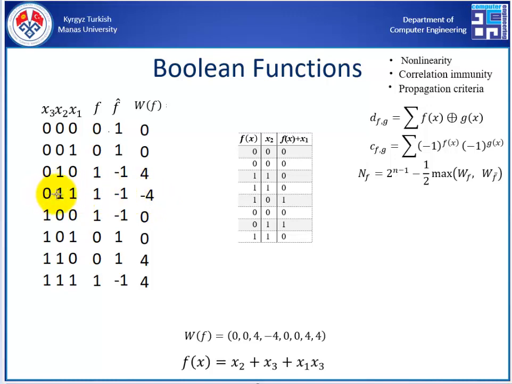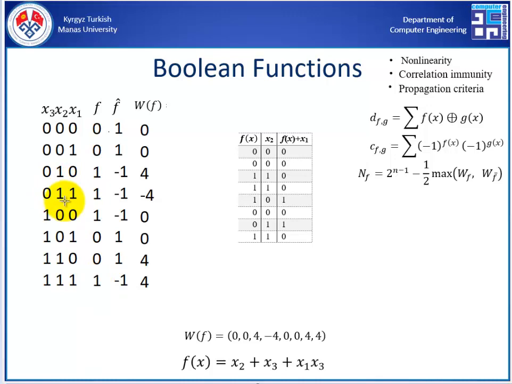For example, this input is weight 2. Let me remind you that the weight of the bit sequences is calculated as the number of non-zero elements. So for this input we have -4, which says that the output bit is also correlated with a combination of bits x1 and x2.